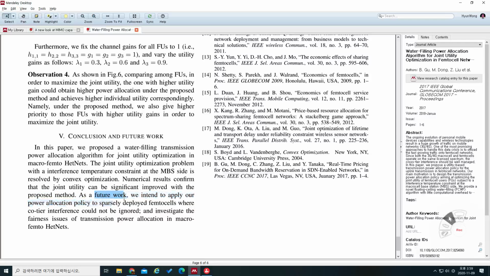As future work, we intend to apply our power allocation policy to sparsely deployed femtocells where the co-tier interference cannot be ignored, and investigate the fairness issues of transmission power allocation in macro-femto heterogeneous networks.